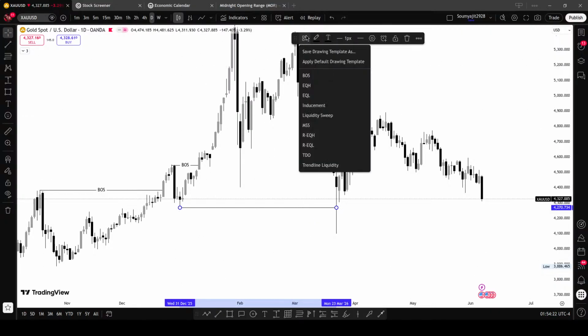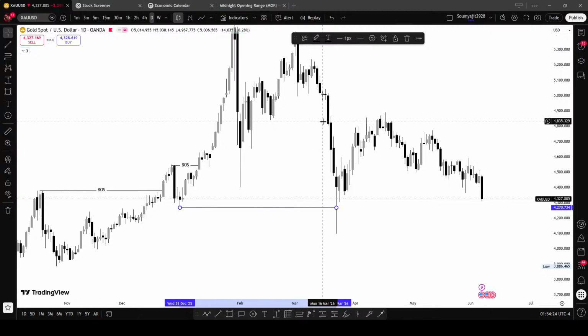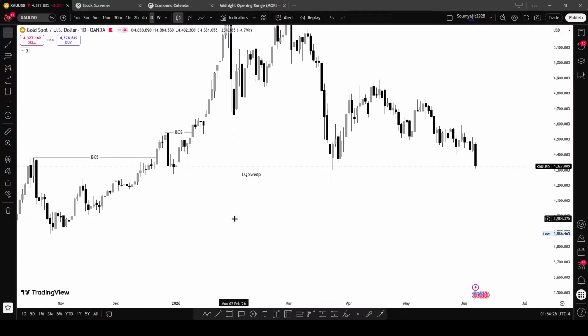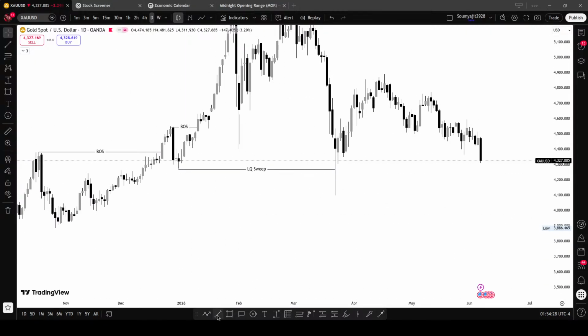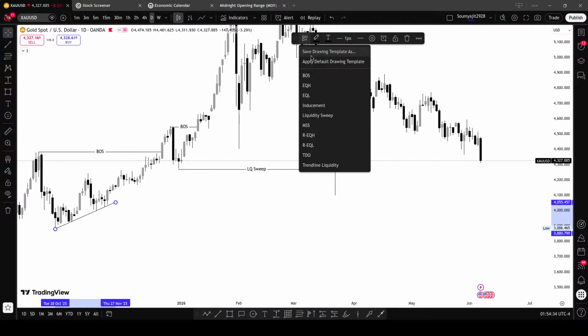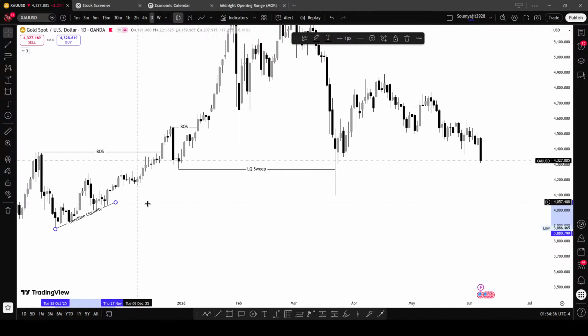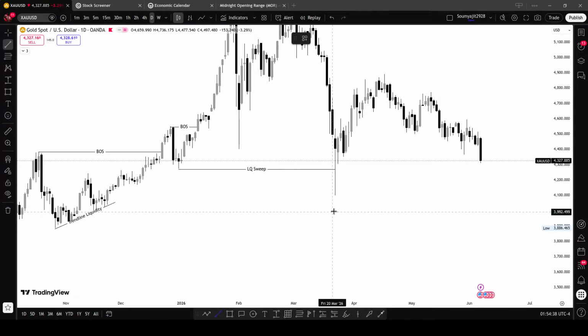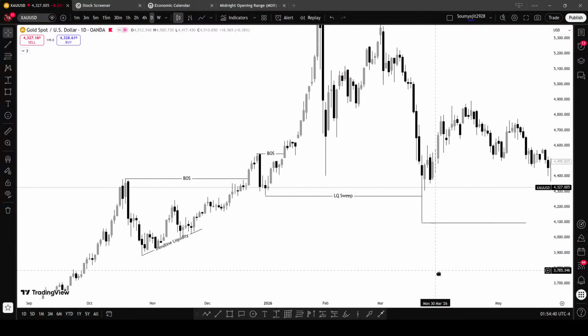Okay, so we get a liquidity sweep here. That is interesting to see. But we got some liquidity that is remaining here. So in future we may see some movement towards this area, and this low might be vulnerable in such case.